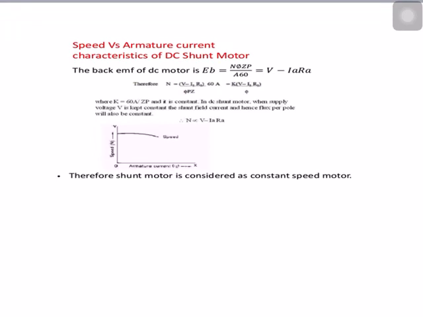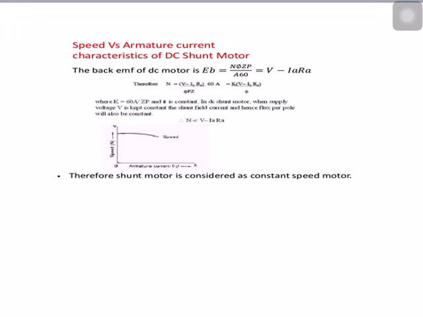Practically, however, φ as well as EB decrease with increasing load. Back EMF EB decreases slightly more than φ, so the speed decreases slightly.